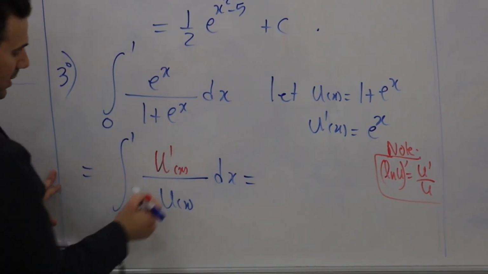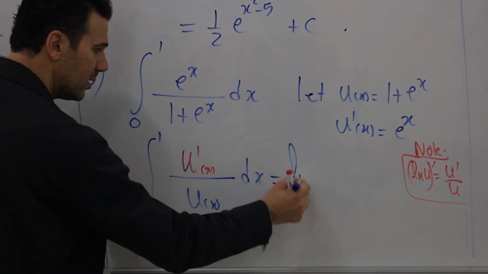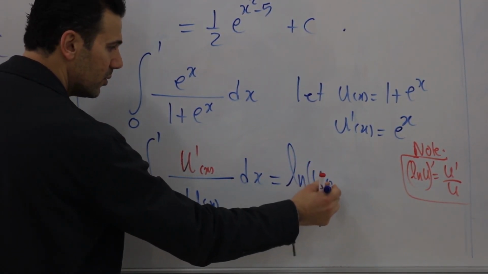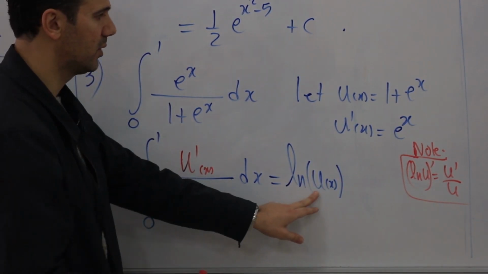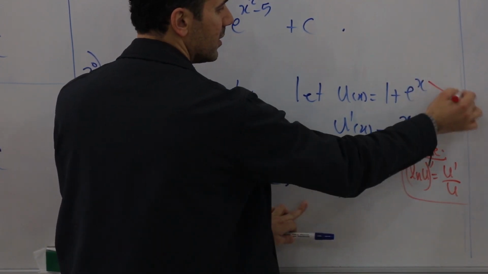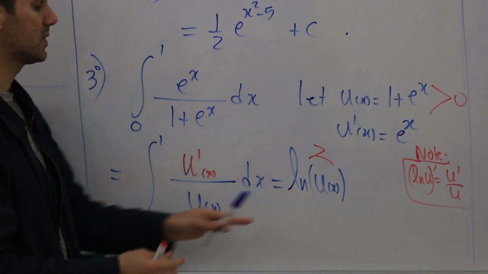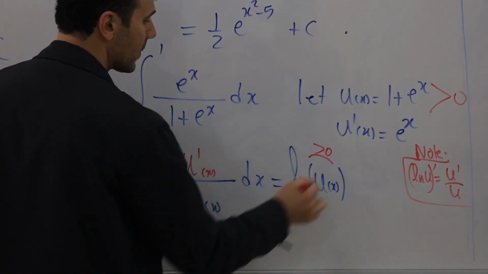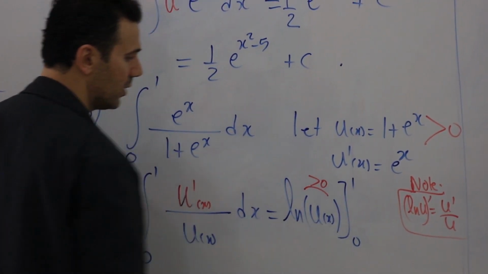By this way, we can deduce that the integral of u prime over u will be ln of u. Usually we put absolute value, but we know here this is positive, since e^x is positive for any x, plus 1 is also positive. So it will be ln u(x) between 0 and 1.